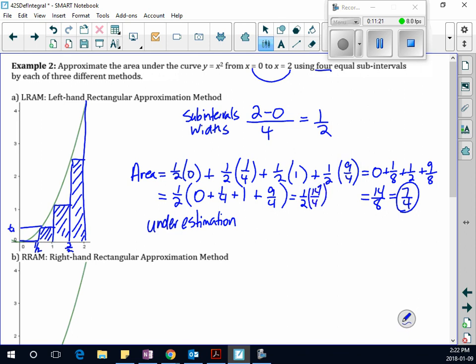So then you'll get the same thing, 7/4. That is a much faster way, and that's what we're going to do from now on. I just didn't want to start that way because you would have gone, whoa, what are you doing? So now does everyone understand? If the subinterval widths are all the same, it's much faster to take the width and times it by the sum of the heights.